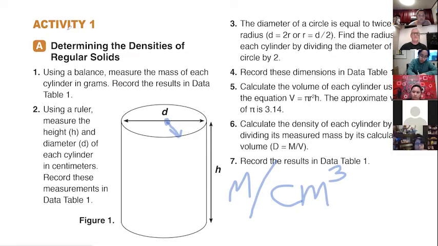So I think the densities are given, like what they should be for each one. For the acrylic, it should be a little more than 1 gram per cubic centimeter. The polyethylene, which is the white one here, should have a density of around 1, maybe a little bit more.